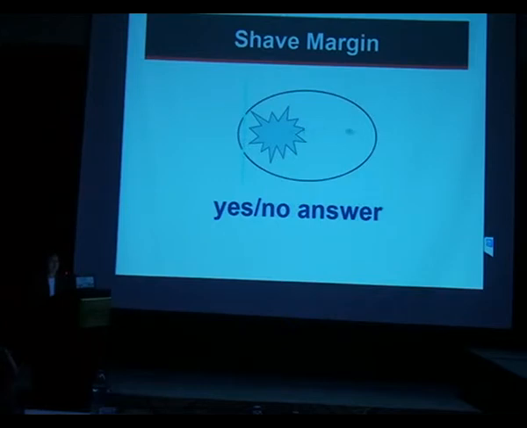But if the tumor is really far away from this margin, we would not even do a frozen section. We would just say it's grossly negative. But if there is a need to do it, then making a shave margin on this margin would be okay.